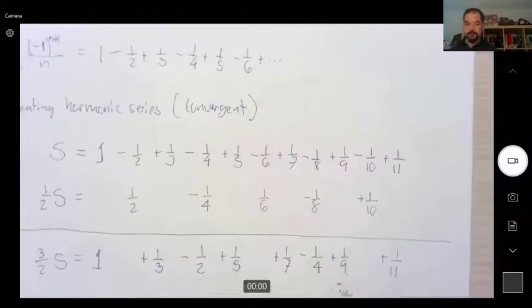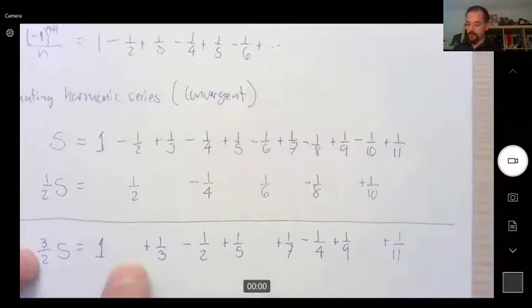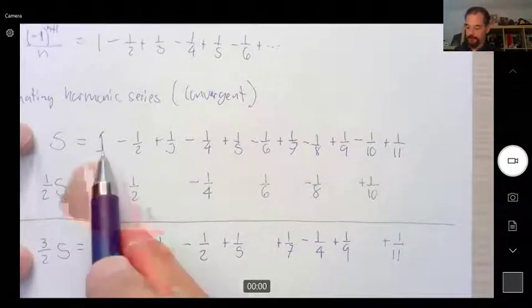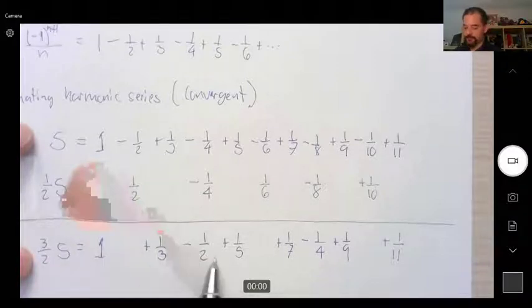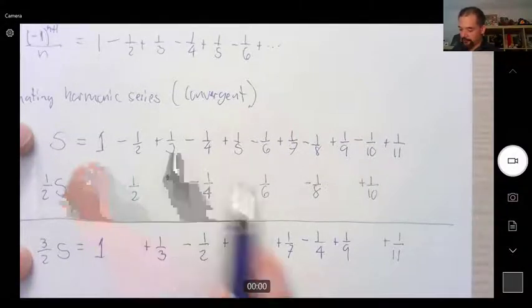Okay. Now looking here, you'll notice that this one, the one we just did, looks a lot like the first. In fact, you pretty much have the same numbers. Look, here's the 1, here's the negative 1/2. It's just in a different spot, right? So negative 1/2 now is over here, before it was there, but that doesn't matter. If you flip these two, you'll get it. So negative 1/2 is there, 1/3 is there, negative 1/4 is over here.